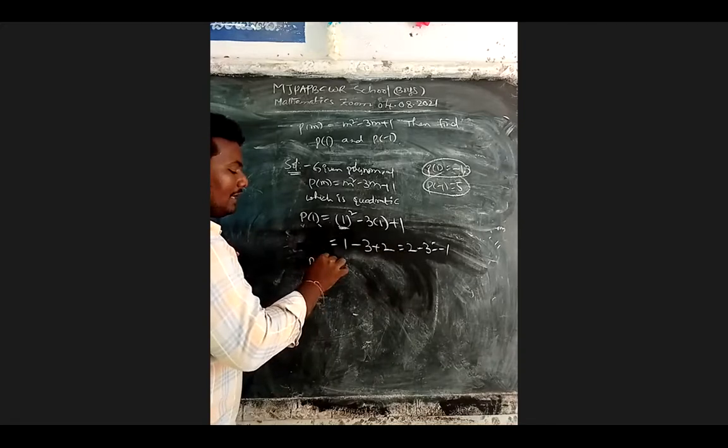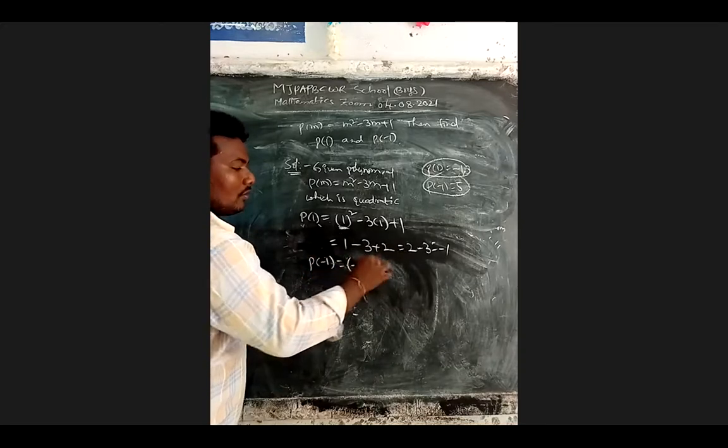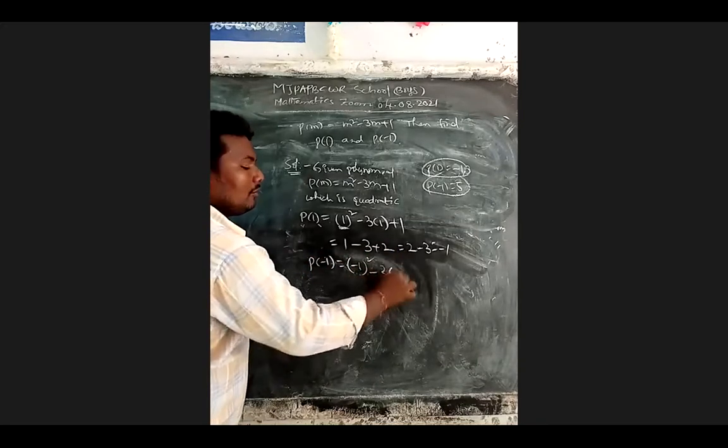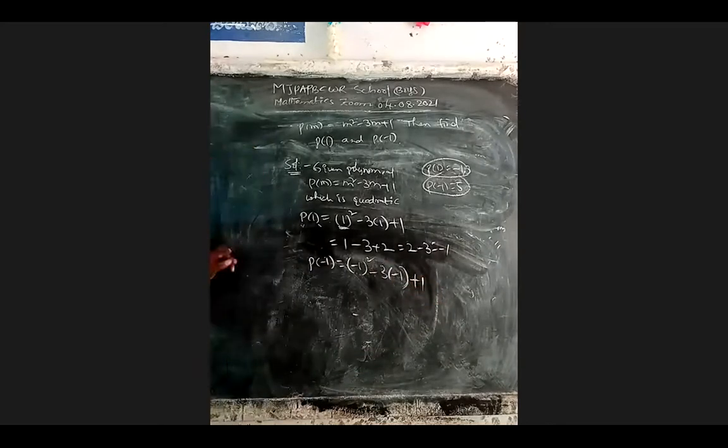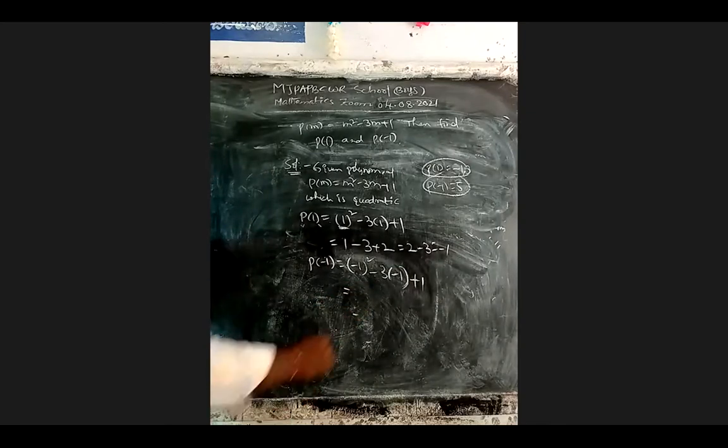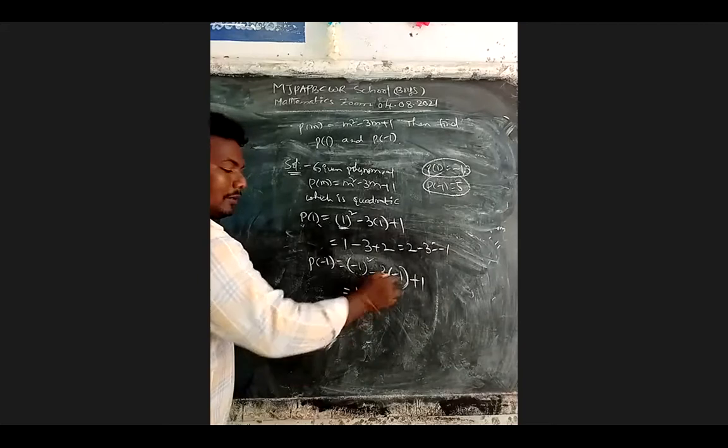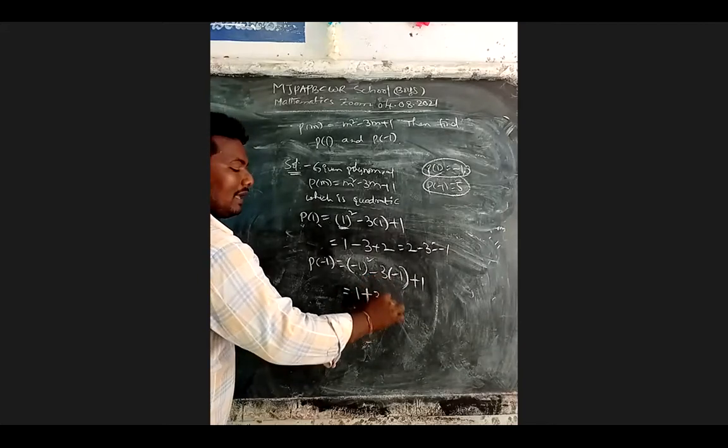P of minus 1 equals minus 1 whole square minus 3 into minus 1 plus 1. Minus 1 whole square is 1, sir. Minus into minus plus 3, plus 1.